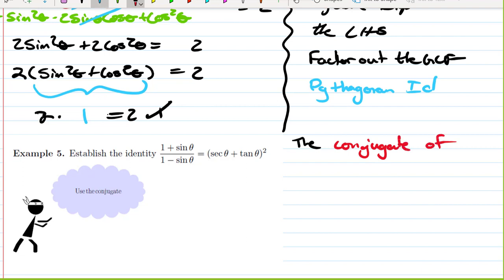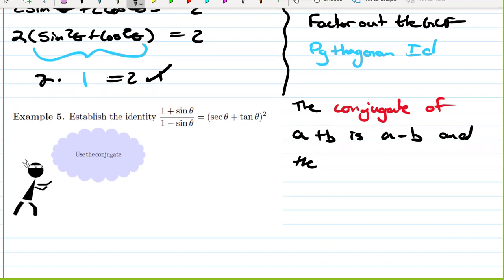of a plus b is a minus b, and the conjugate of a minus b is a plus b. That is, you change the sign in the middle.